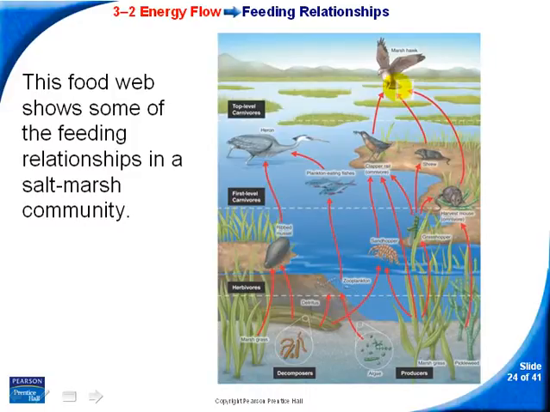For instance, this hawk right here, not only does he eat this bird, it can also eat the shrew or eat this mouse. The mouse, in turn, can eat from several other different organisms, several different other plants, other producers. So now we're starting to see all kinds of multiple arrows leading from or leading to each of these different organisms.